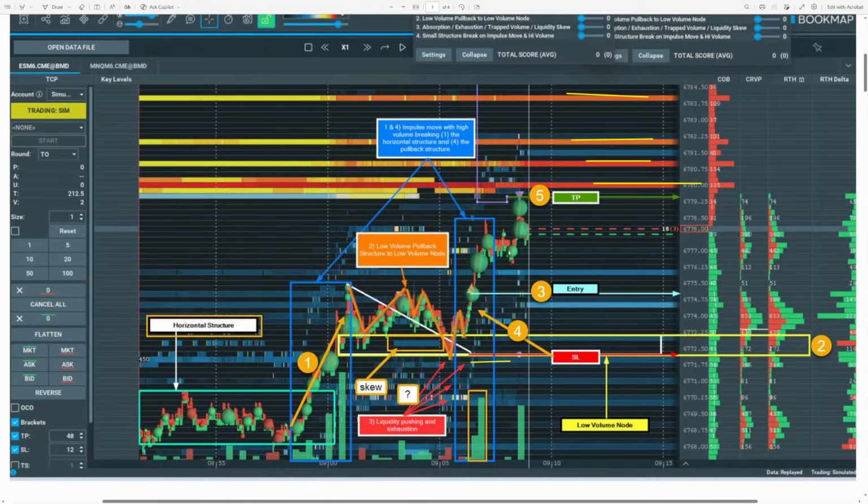Once it does something here and then breaks this level, now you can move your stop up to somewhere around here, or here, somewhere in that area. You would take profit here, but it wouldn't be if it came back and hit you. So it's something to consider as well.